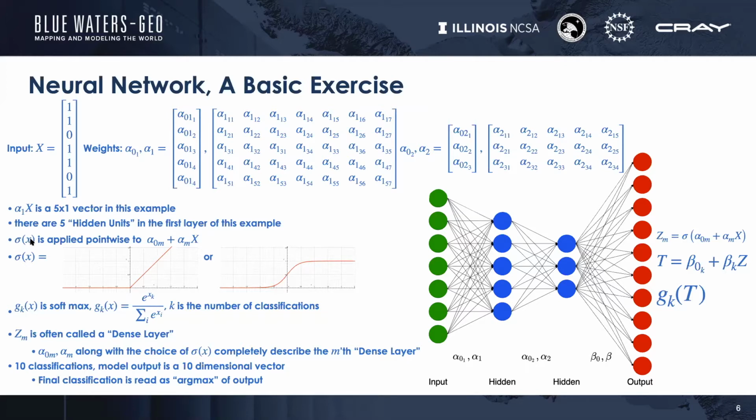And these activation functions are applied pointwise to that 5-dimensional vector that's the result of the input data being multiplied by the weight matrix. That means each item in that 5-dimensional vector is made an input to this activation function.